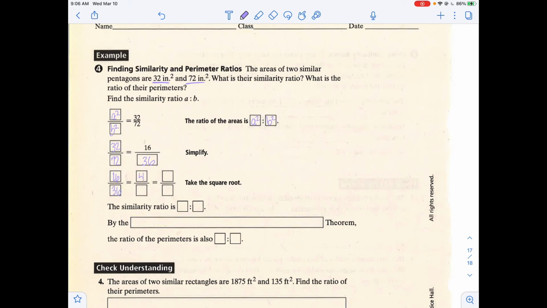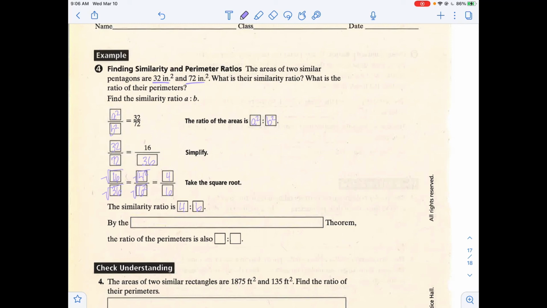Well, 16 is 4 squared, and 36 is 6 squared. So 4 to 6 is the similarity ratio. Because all we did was take the square root of 4 squared and 6 squared.